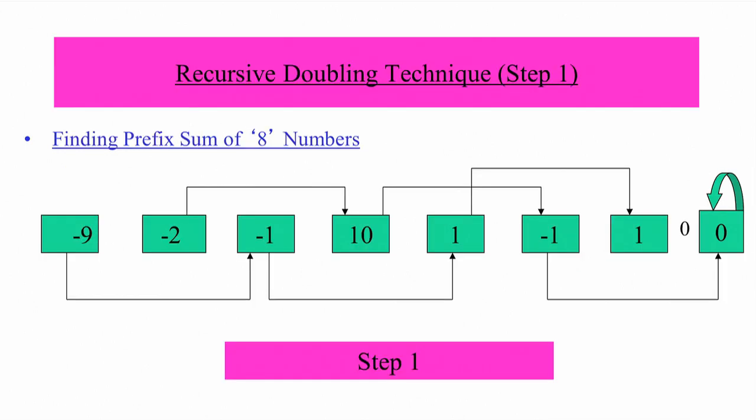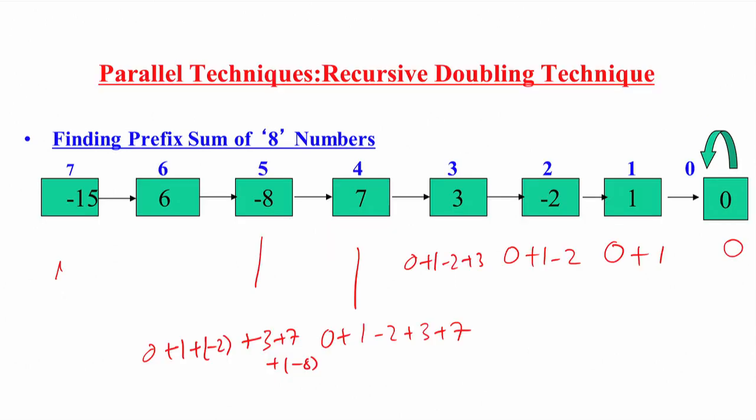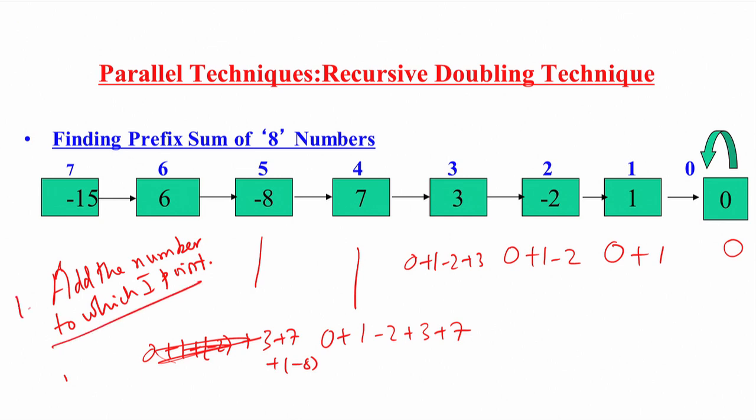Okay. So this is the algorithm, a very simple algorithm. At every step, I add the number to which I point, and then I point to the pointer of the pointer.